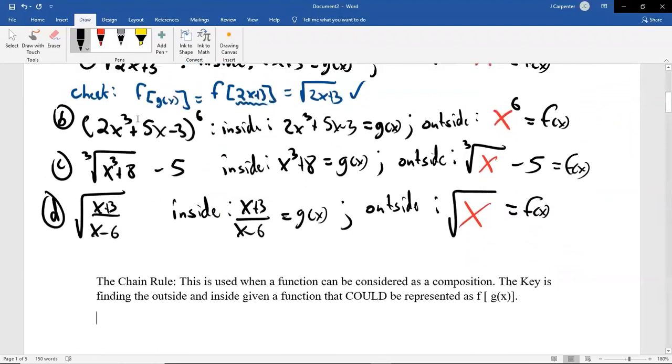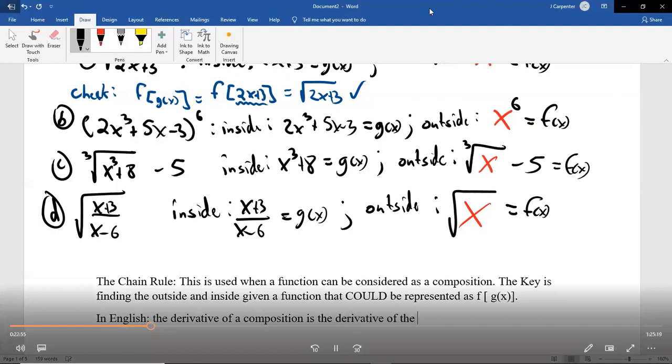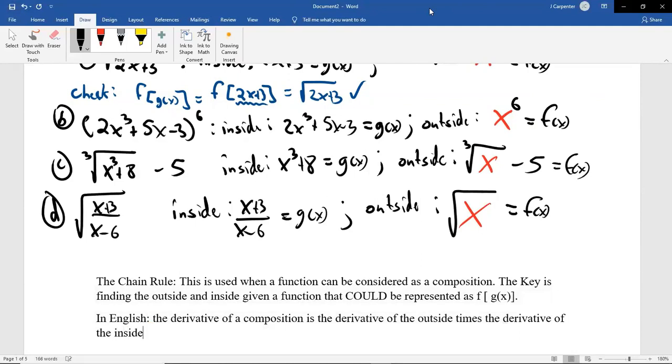So I'll write this out in plain English. The derivative of a composition is the derivative of the outside times the derivative of the inside.